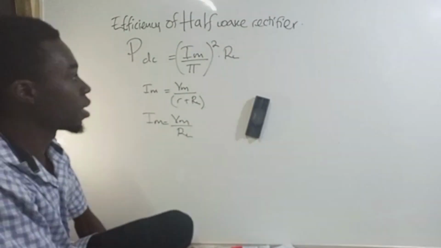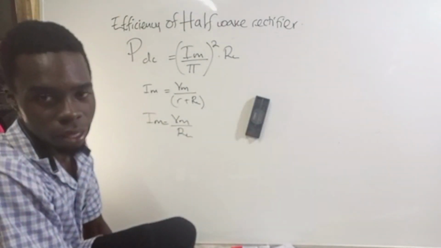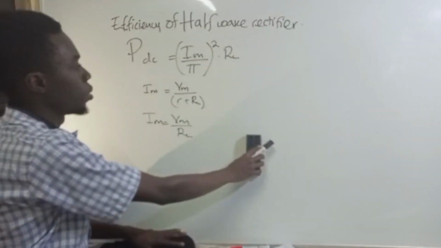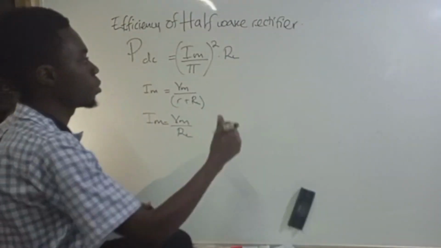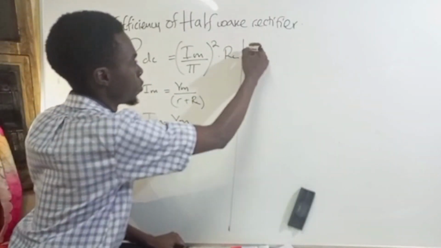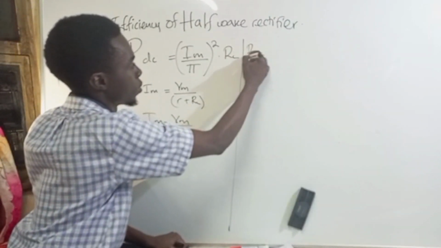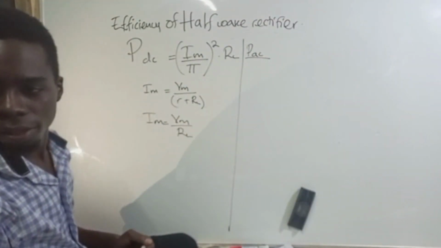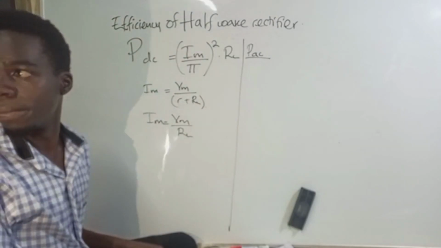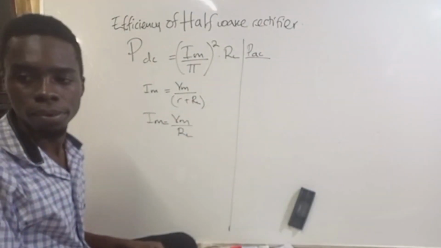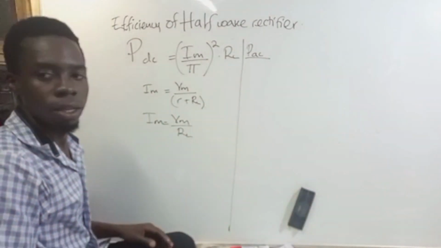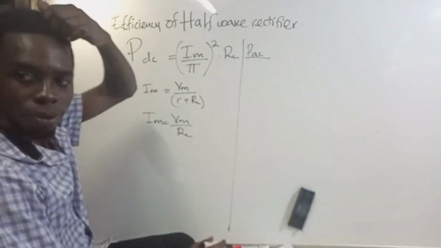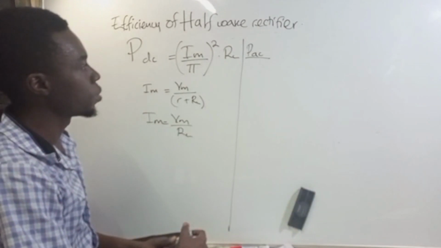Now for the AC side, it is simple. To get the AC power, let me write this side for PAC. For the AC power, we shall always need to consider only two things.